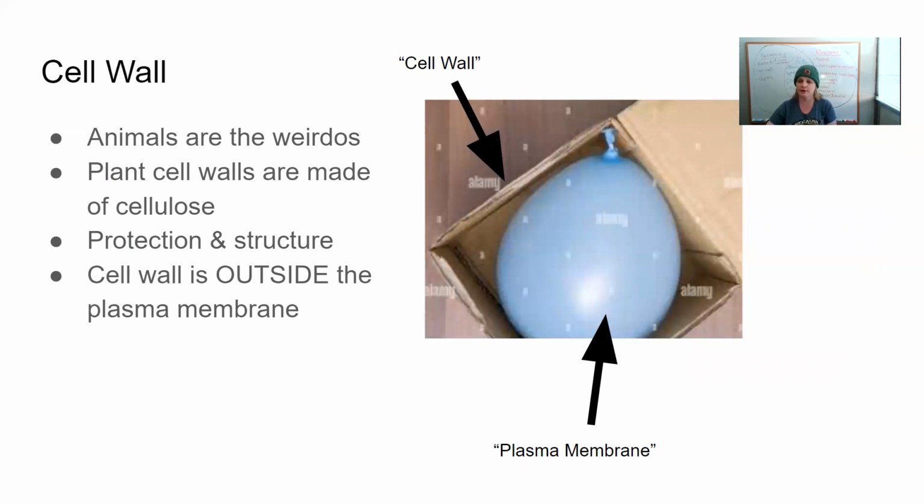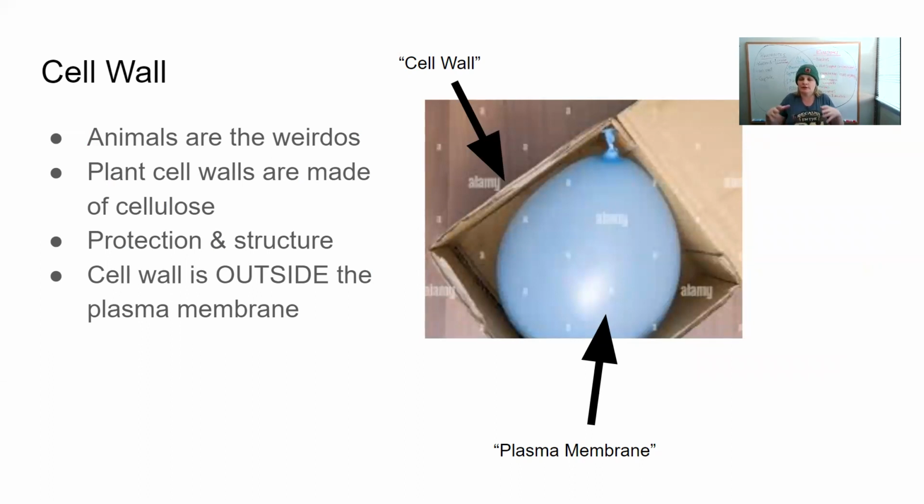So we think of, like, when you crunch into a raw stick of celery, that crunching is coming from the mechanical breaking of the plant cells by your teeth. So that provides not only protection from things trying to get in to the plasma membrane, but it also provides structure.